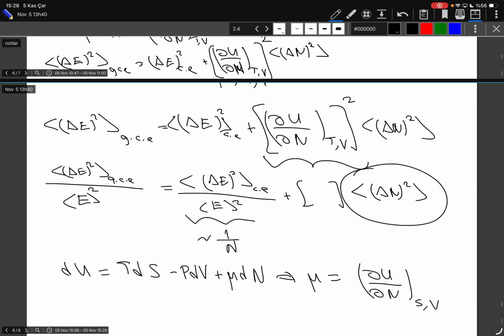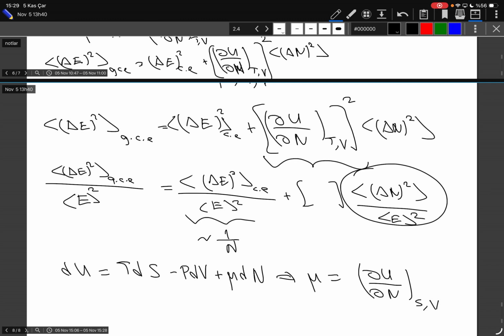But then the fluctuation in the energy, the relative fluctuation in the energy, will be related to the fluctuations in the number of particles. And again, as we had seen before, the fluctuation in the number of particles will be negligible if we are not close to a phase transition.